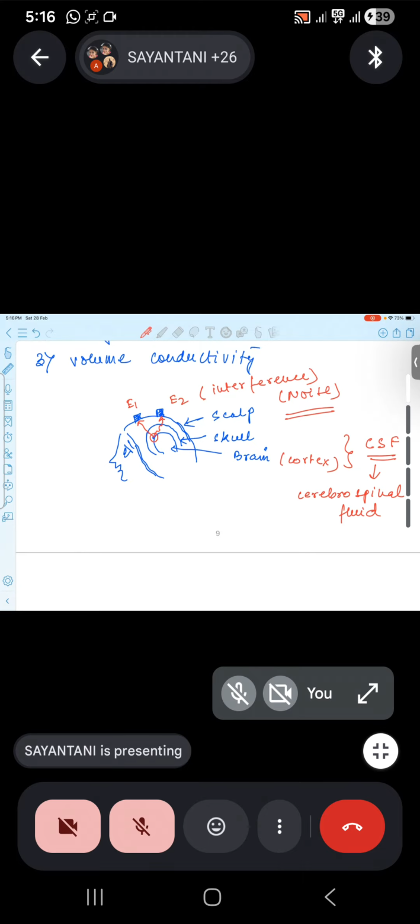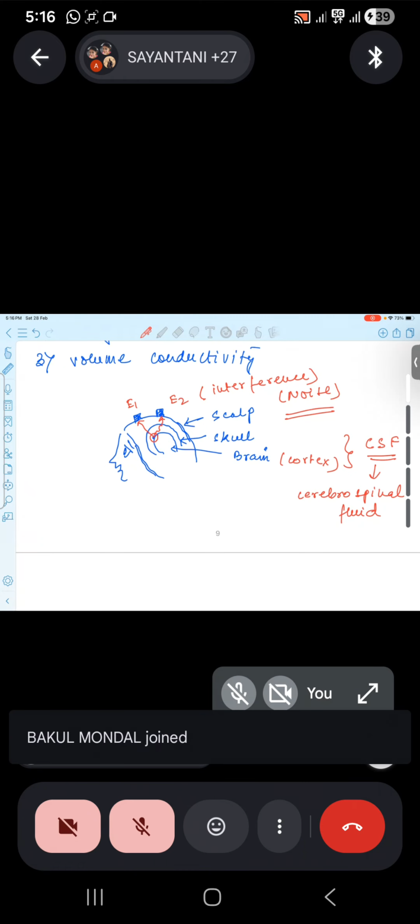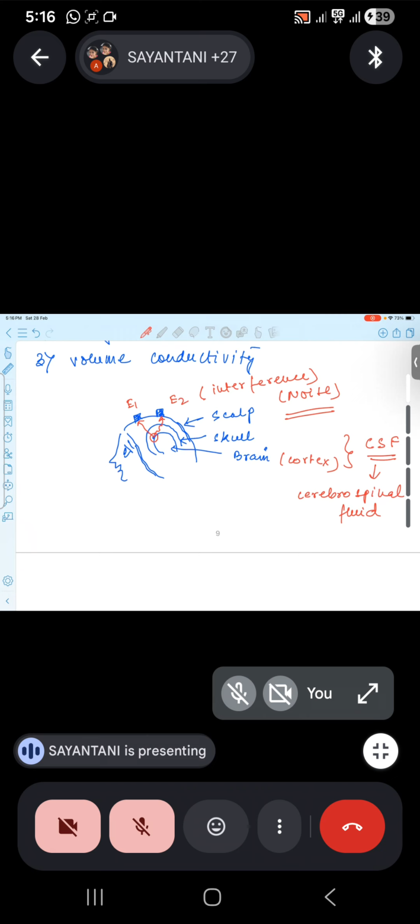So to some extent, the noise is removed via filtering. But otherwise, I cannot completely remove it because I cannot completely throw away cerebrospinal fluid. This is referred to as the concept of volume conductivity, which is generally present in EEG recordings, and that is one of the most important disadvantages of using EEG.